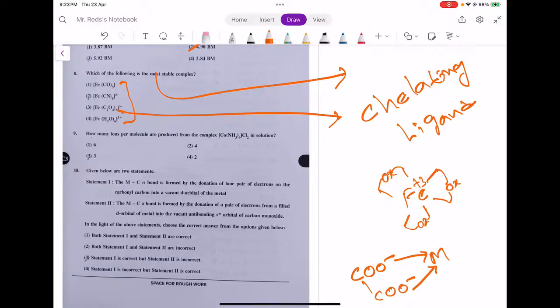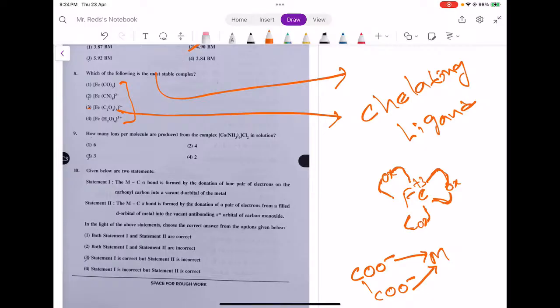So option 3. In option 3, oxalate ligand is present. That oxalate ligand is the chelating ligand. Chelating ligand means the ligand which forms a cycle or ring with the central metal ion. Bidentate ligand means the ligand which donates 2 lone pairs to the central metal ion or atom.